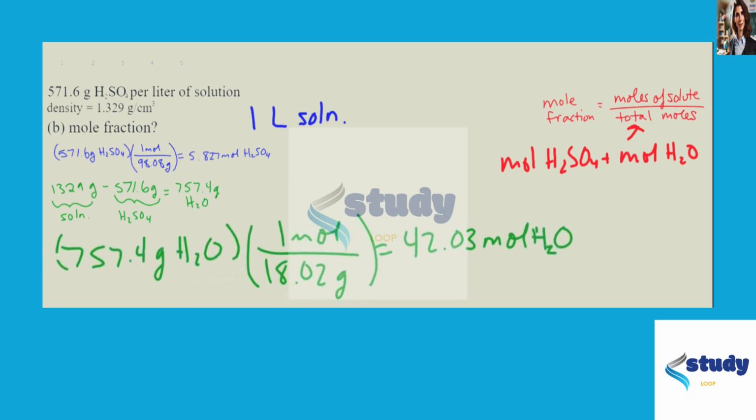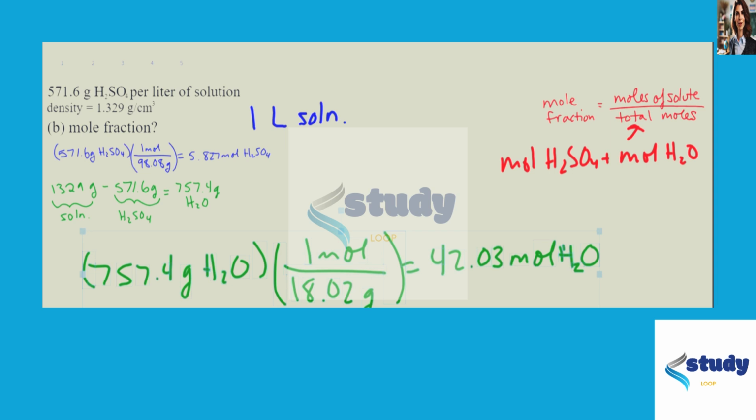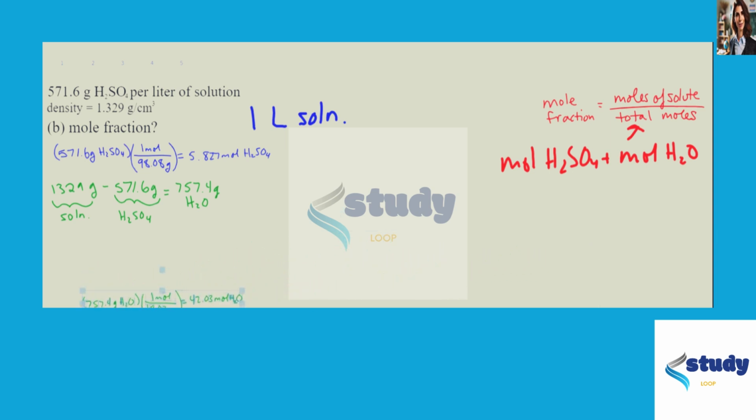So notice what I have now. I have moles of H2SO4. I have moles of water, which means that I can use this to find the mole fraction. So if I add those two together, the total number of moles, actually, I'll just do this in one go.